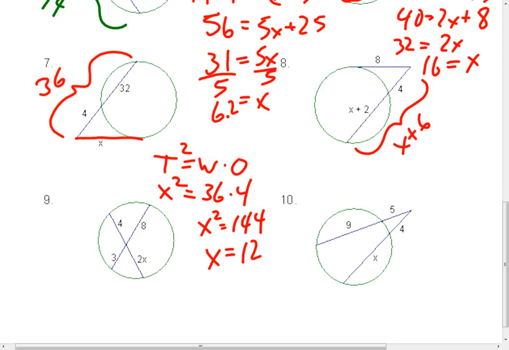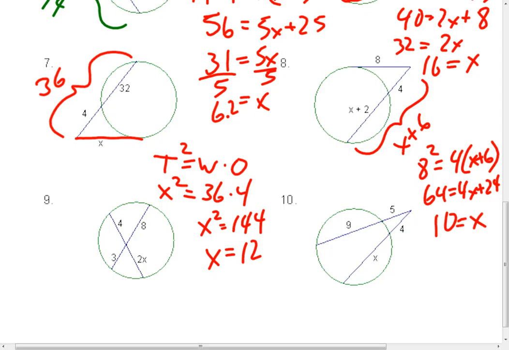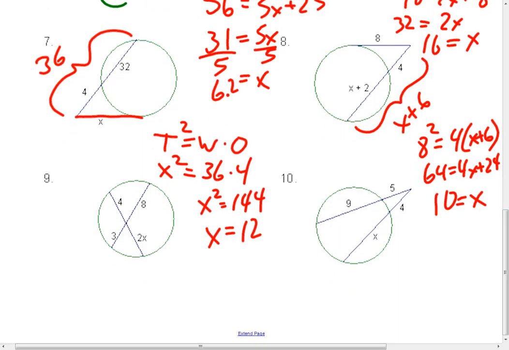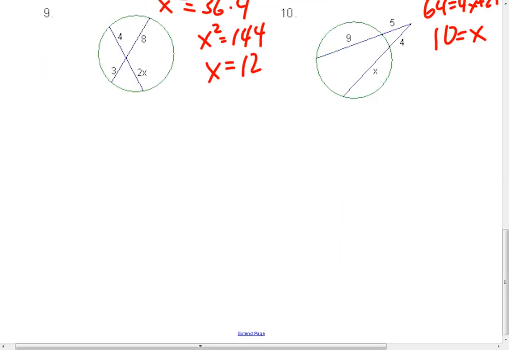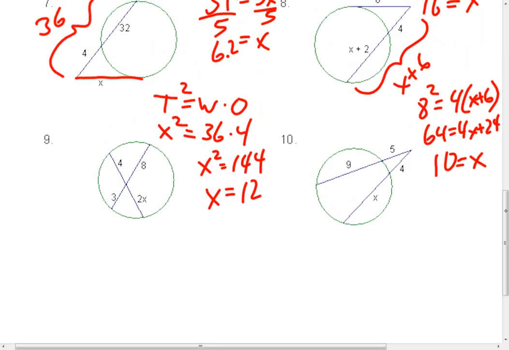Same situation, we have a 2 situation, so 8 squared, 4 times x plus 6. x equals 10. Is that right?